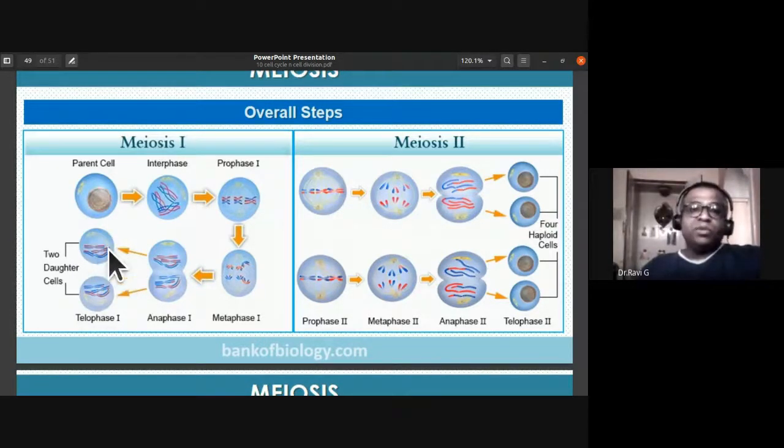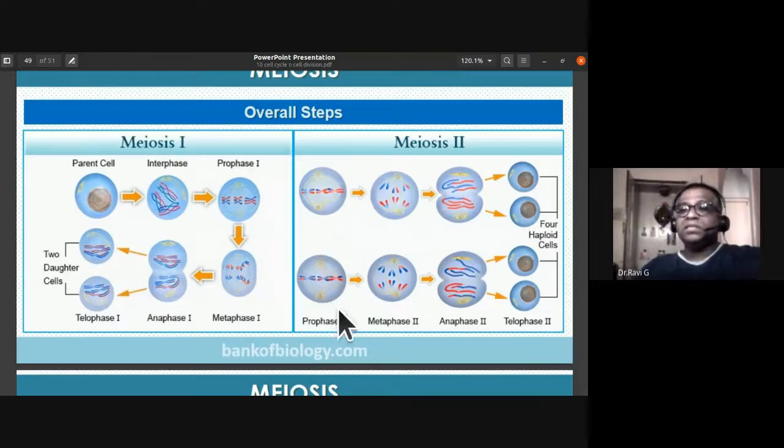So they might form two daughter cells. So the karyokinesis might be followed by cytokinesis, or the nucleus again undergoes meiosis 2. Okay, meiosis 2 is also called haploid mitosis. So what is exactly going to happen in meiosis 2 is they enter into prophase 2. Two daughter cells will be there.